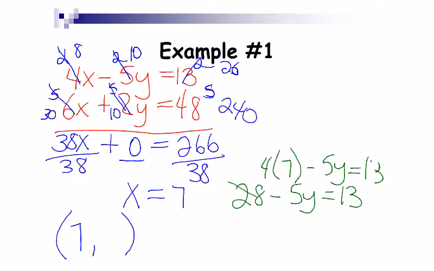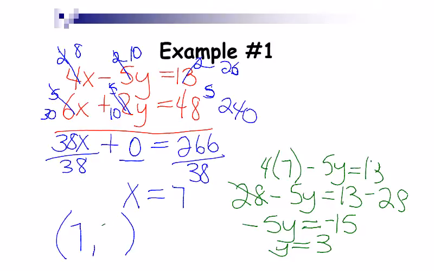And I'm going to subtract the 28 on the other side. 13 minus 28 is negative 15, and therefore y equals 3. So my answer is the point 7 comma 3 is where these two lines are going to intersect.